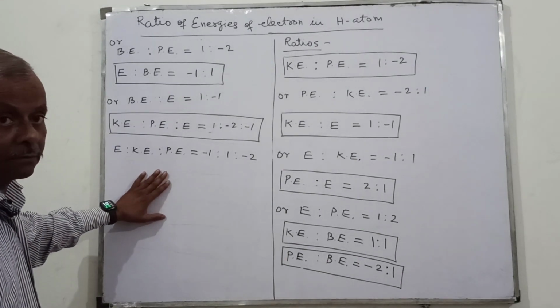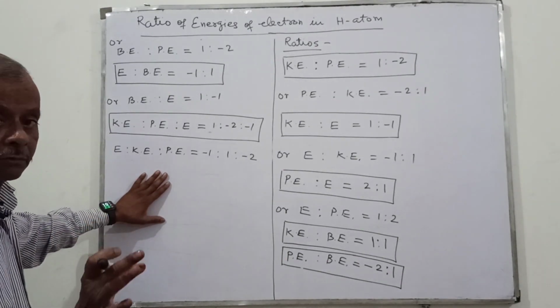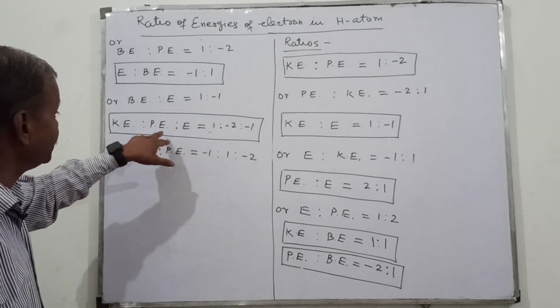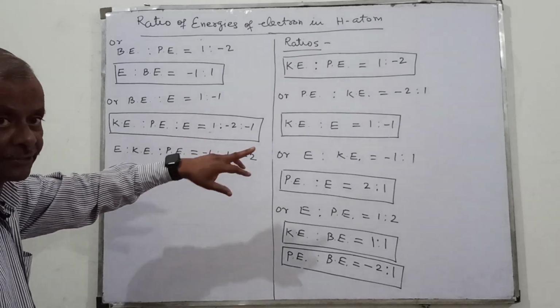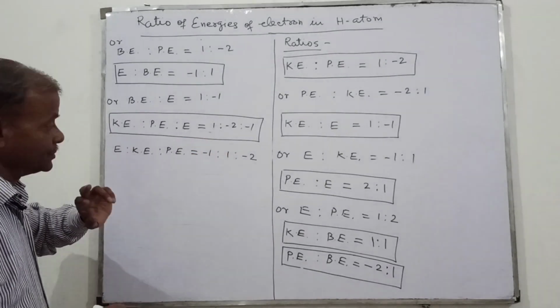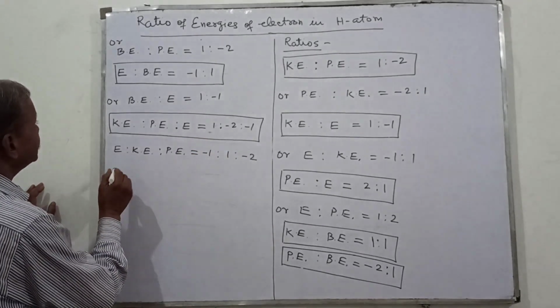Now if I take all 4 quantities, keeping these in mind, you can have the ratios in different orders.